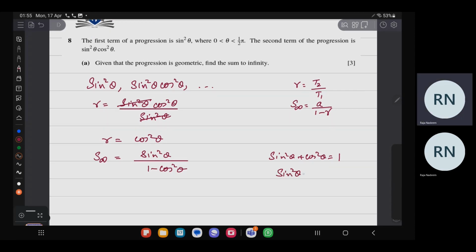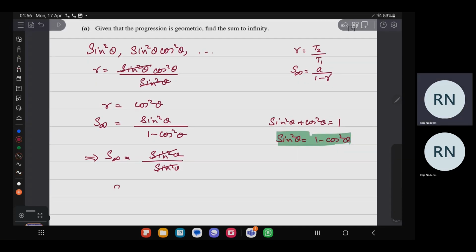So if you make sine square the subject, 1 minus cos square theta is equal to sine square theta. This implies that the sum to infinity is equal to sine square theta divided by sine square theta. We have used this identity. So the sum to infinity is equal to 1.